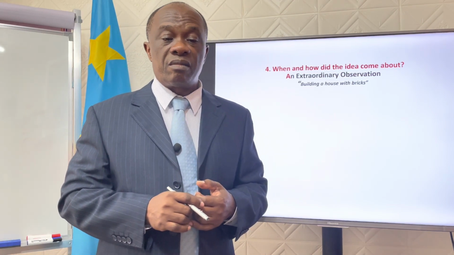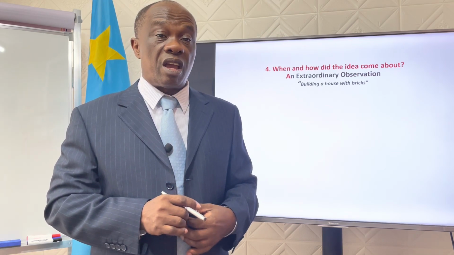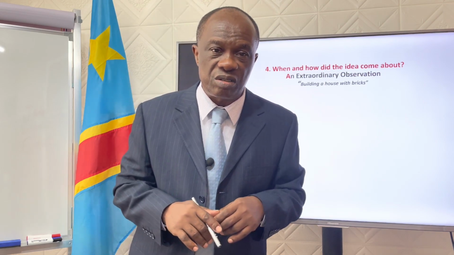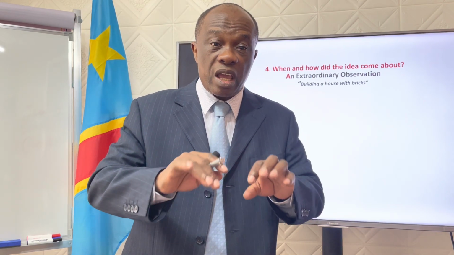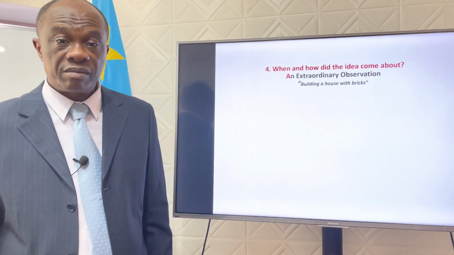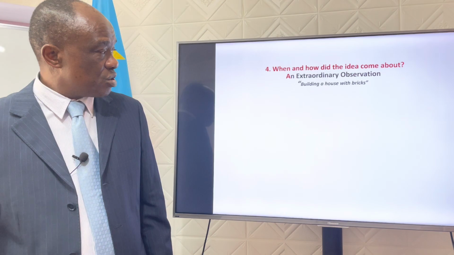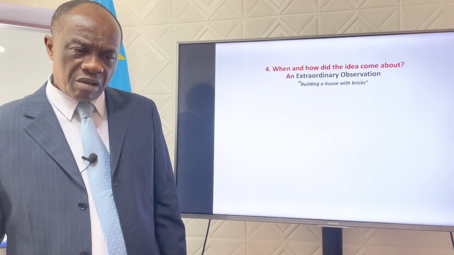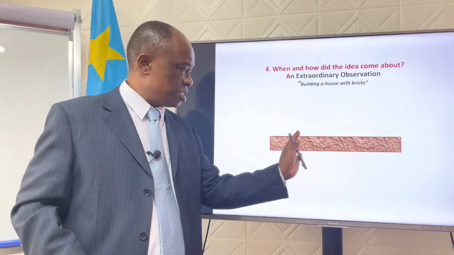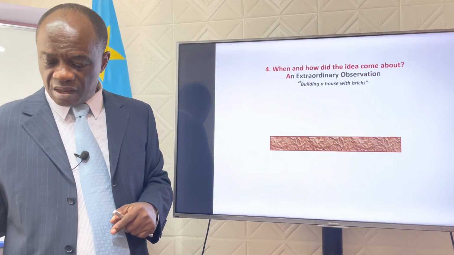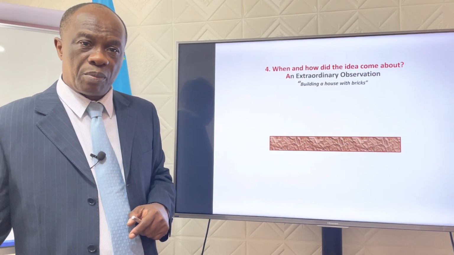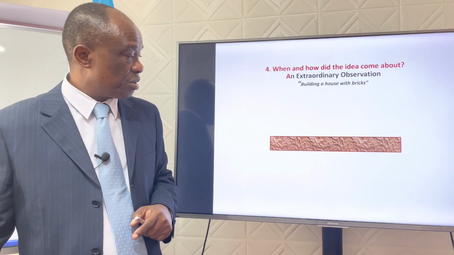So I was there, I was assisting, and I was attracted to something that caught my attention. It is the way they put the bricks on top of each other. After they build the foundation, so please consider this as a foundation, then they start putting the bricks. They put brick number 1.